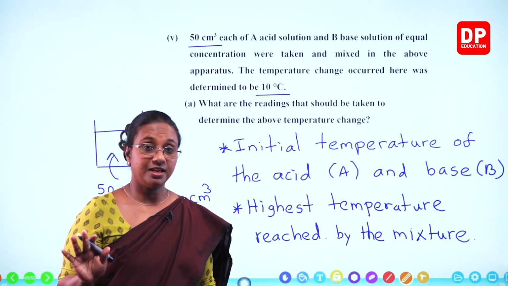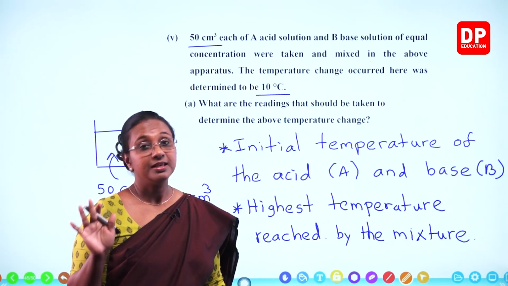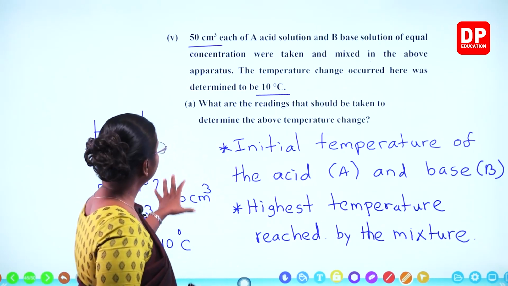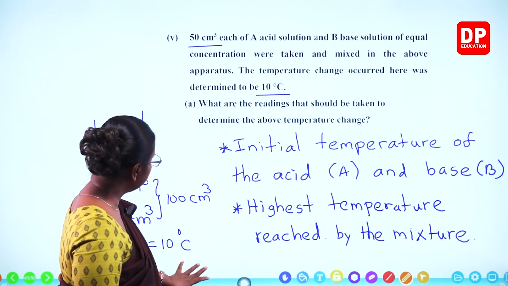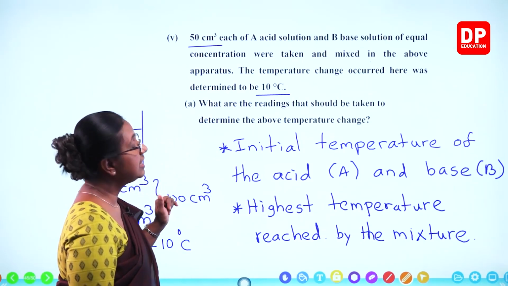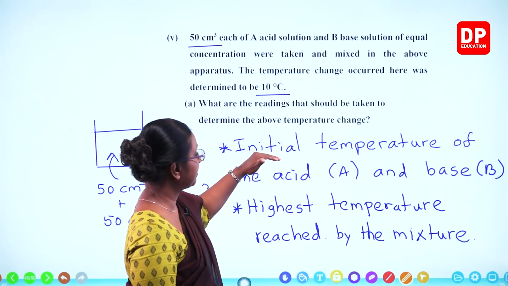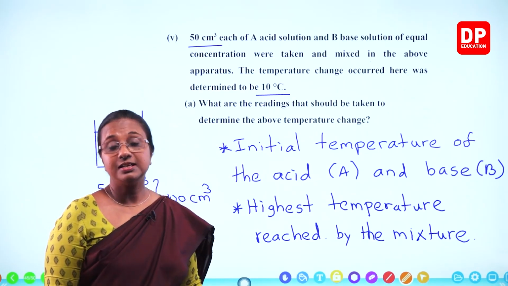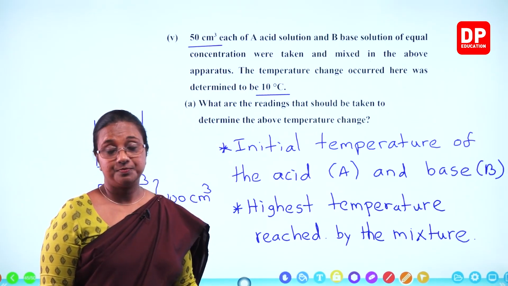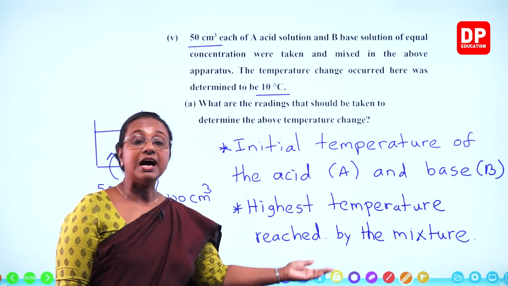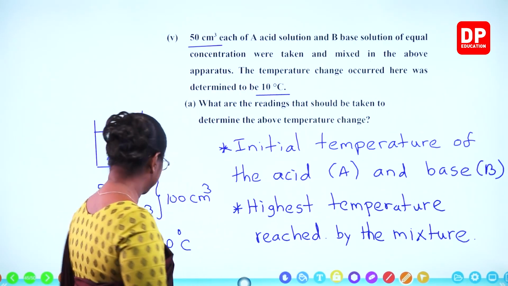That is incorrect. You will not get marks. Is that clear, students? So those are the two readings that you need to calculate the change in temperature. So change in temperature will be highest temperature minus the initial temperature. Is that clear? So with that, I'll move on to the next question.